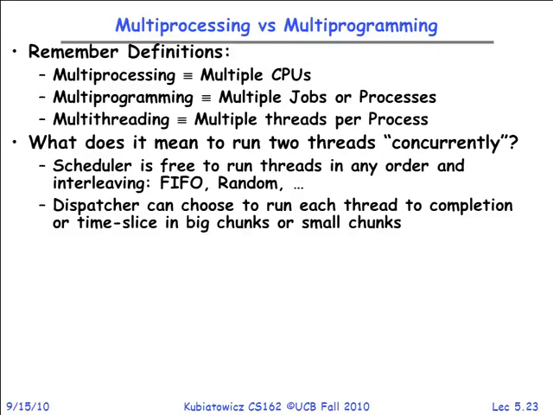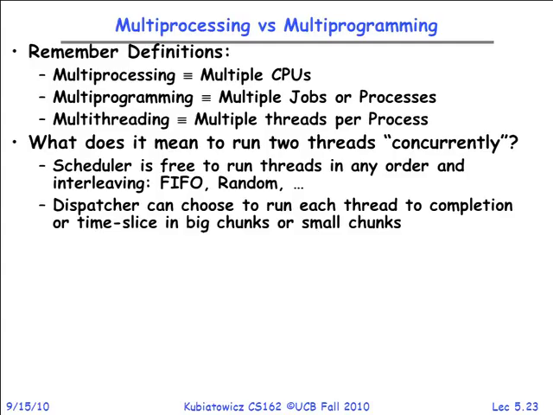And so you've got to treat it as if they are running at exactly the same time, because that's the only way to get the thing to work correctly. It means the scheduler is free to do a lot of things. It can run the threads in any order, FIFO, random, etc. And if you have two concurrent threads and something you do assumes the scheduler is going to behave in a certain way, you're likely to have introduced a bug.